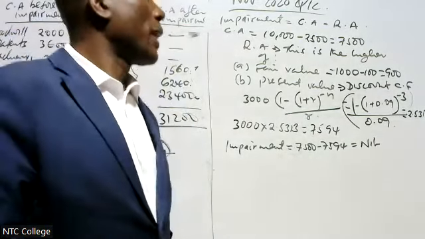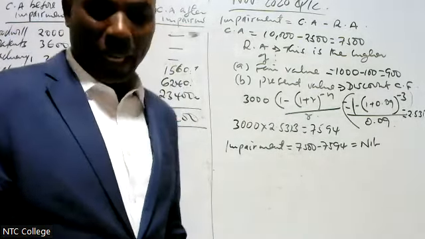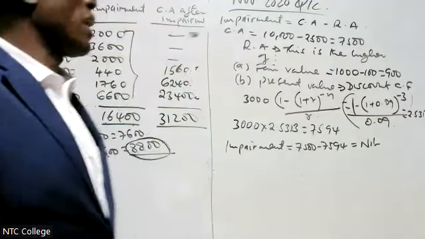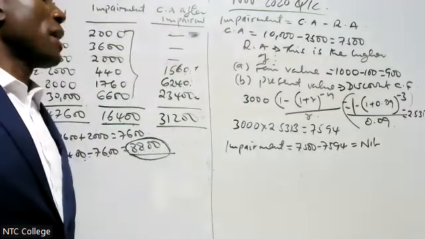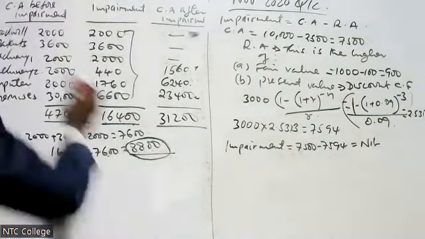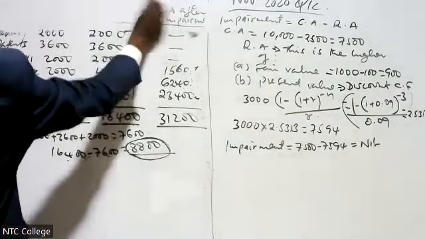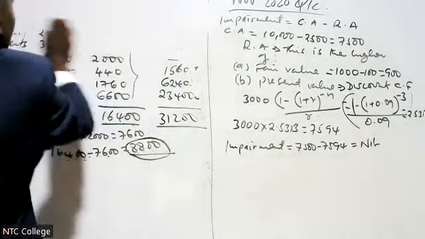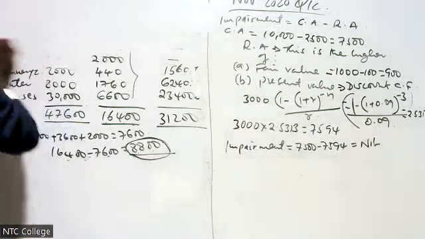Under IPSAS 21, impairment of non-cash generating assets. Therefore, our next agenda is impairment of non-cash generating assets.